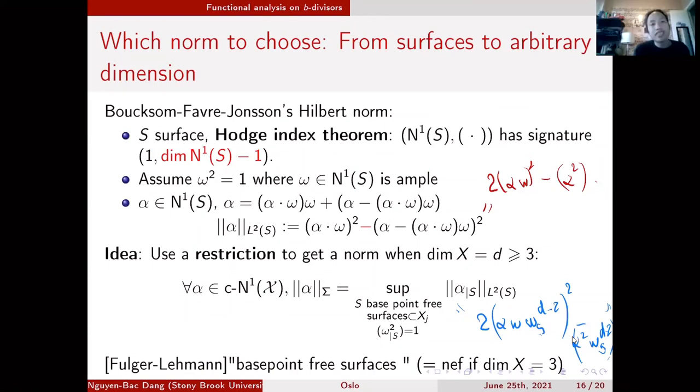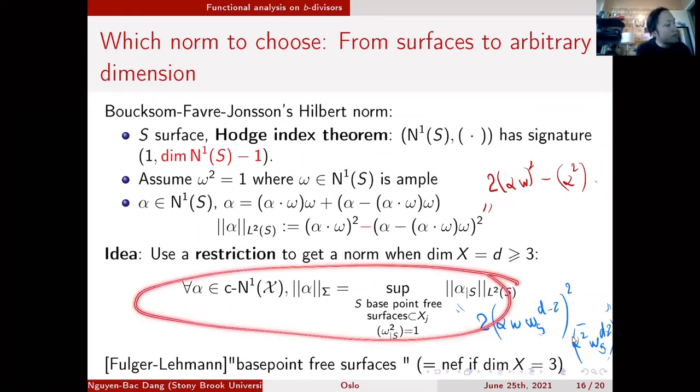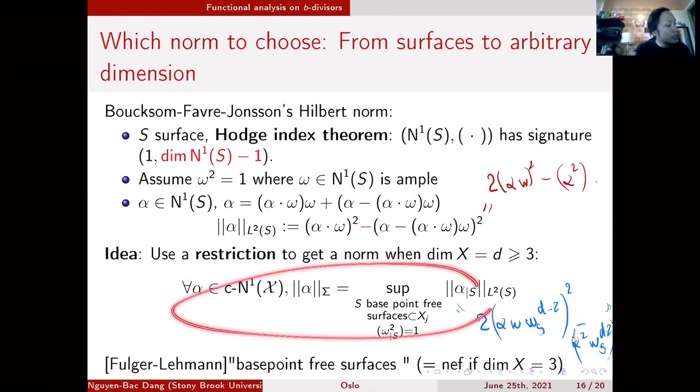Yes, you can. It gives you a Banach norm, and actually we show later on that this first norm, n1 sigma, injects continuously inside this second norm that you just mentioned, the supremum of alpha times curve.